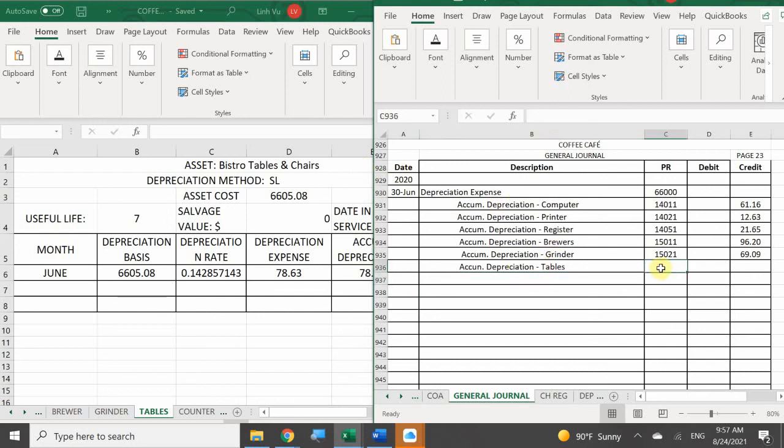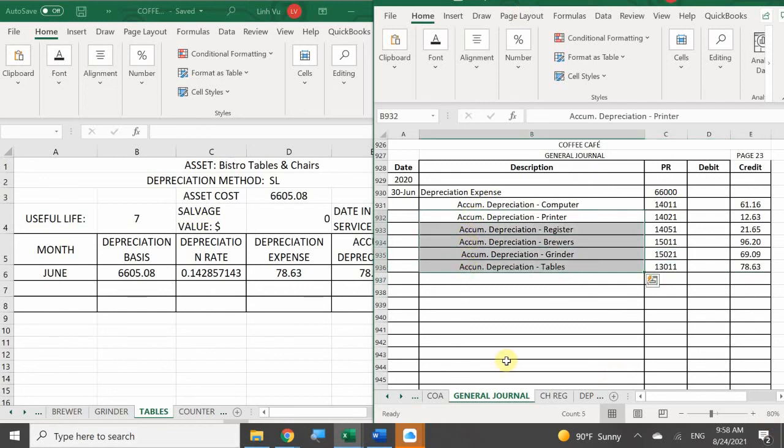For the tables, 13011. And in this case, how much depreciation am I going to do for the tables? 7863. Okay.